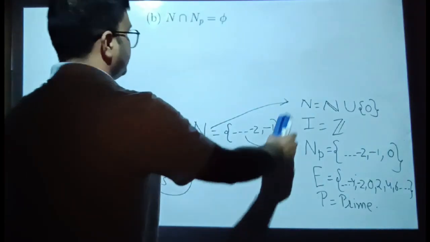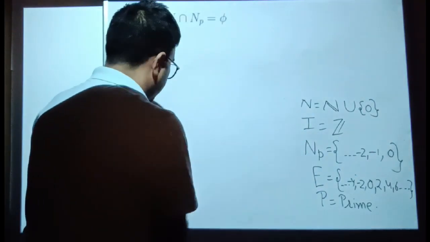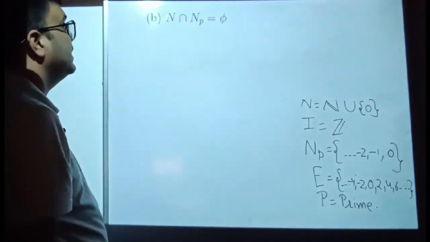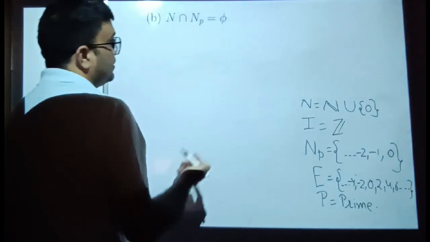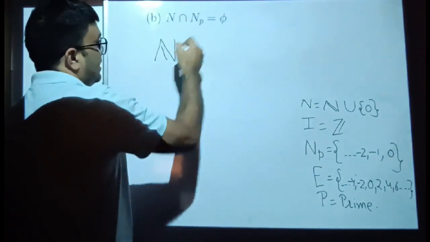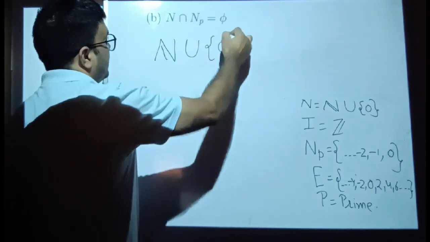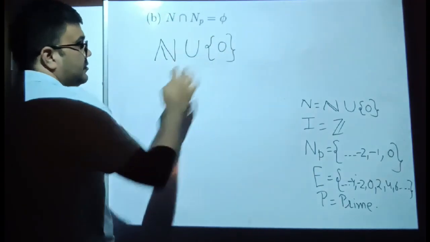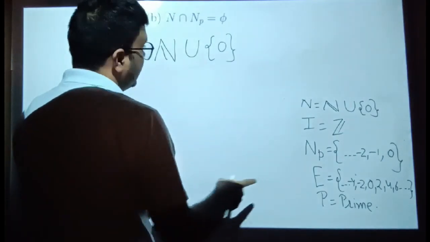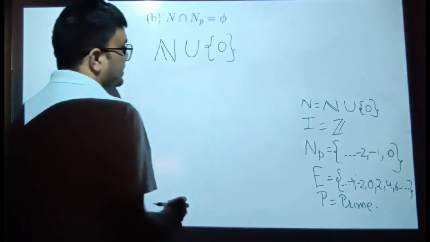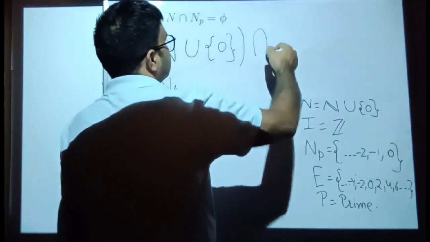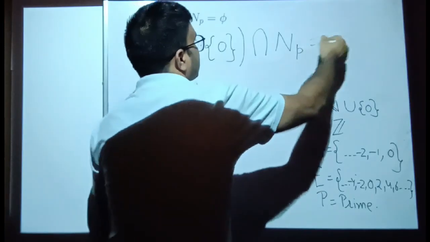This is the first part. Now the second part is N intersection NP is equal to empty set. We are talking about the set N. It is N union 0, that is all non-negative integers, and we are taking the intersection with NP.